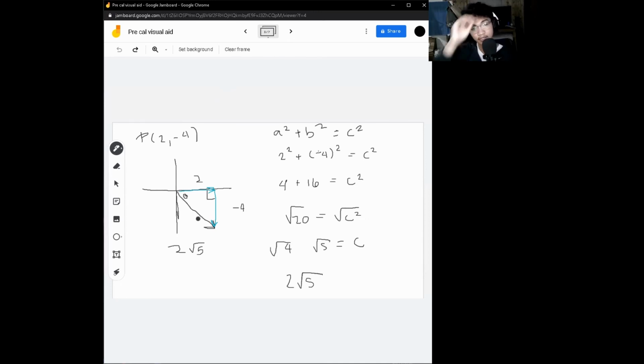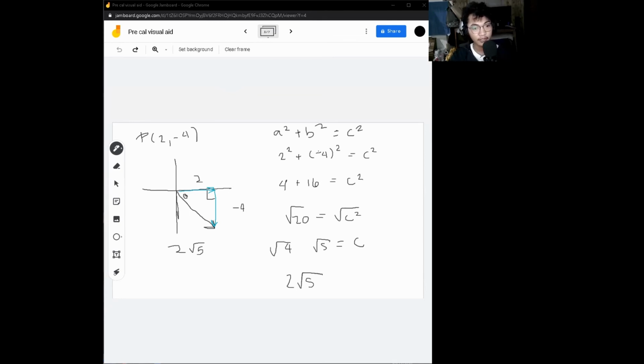Now this is not a special triangle, so we have to use the Pythagorean theorem in order to find the hypotenuse. So a squared plus b squared equals c squared. So a is 2 in this example, and b is negative 4, and let's find the c. The hypotenuse is always positive.